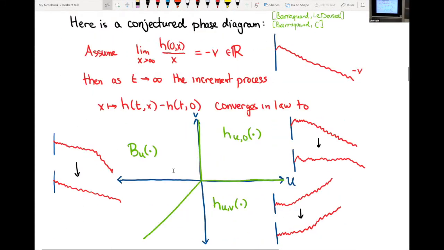So here's the conjecture. Here's the conjectural phase diagram, and I'm going to spend a little bit of time explaining. Consider an initial data for your half space equation that has some decay or growth condition at infinity. It has some limiting slope. Now, obviously, you could create things that don't have a limiting slope, and I don't quite know what will happen there. But assuming that you have some limiting slope at infinity, you might think that that slope is enforcing a potential.